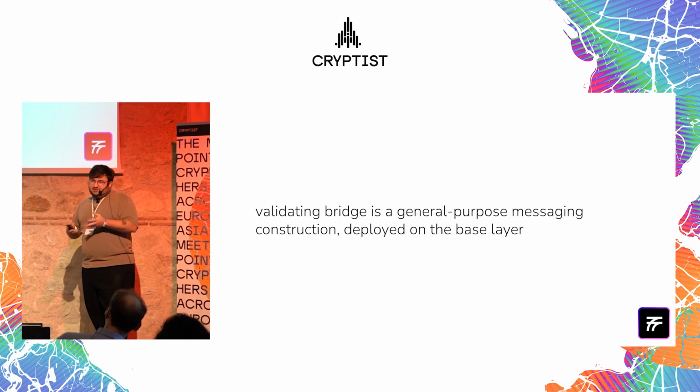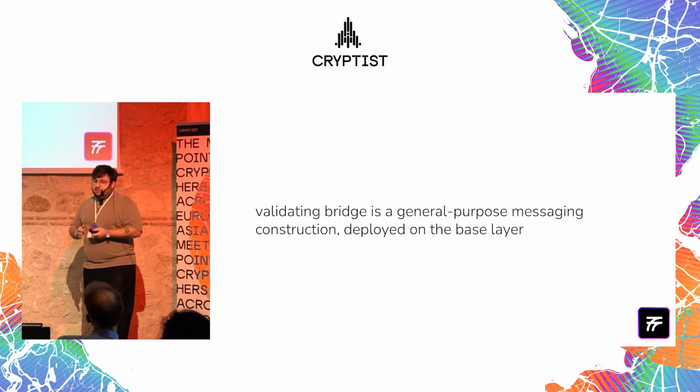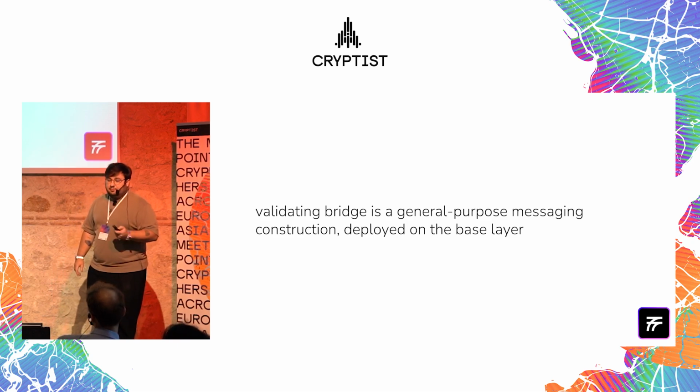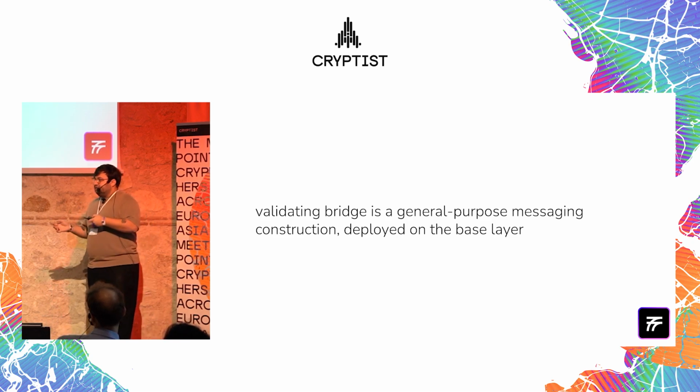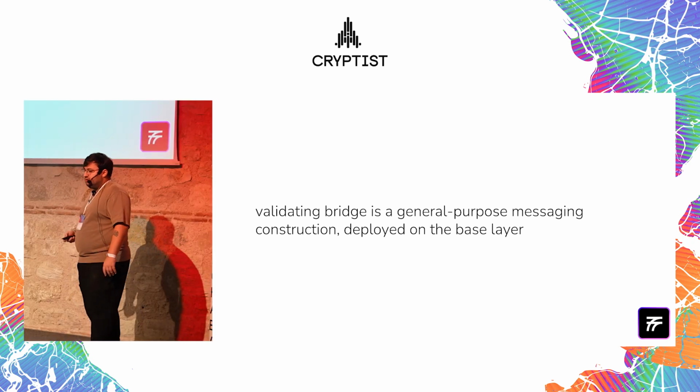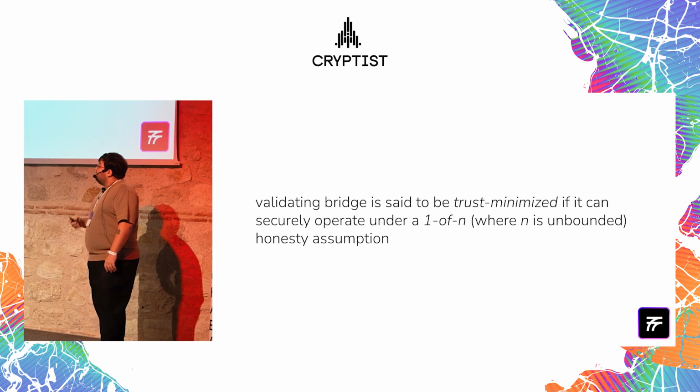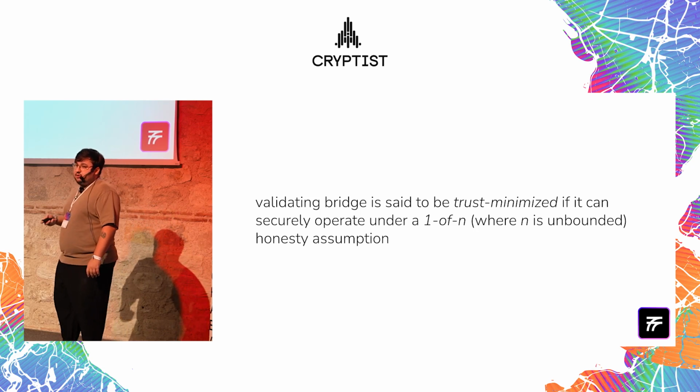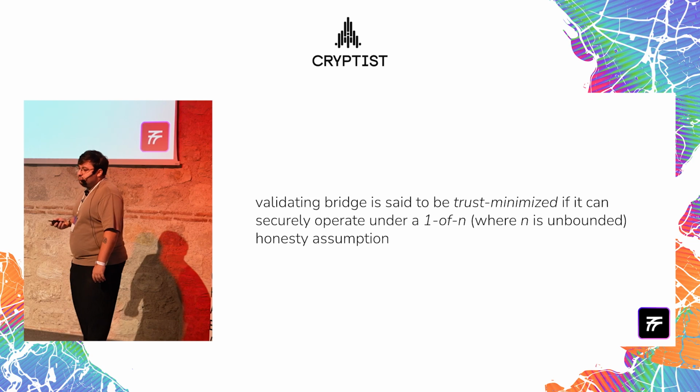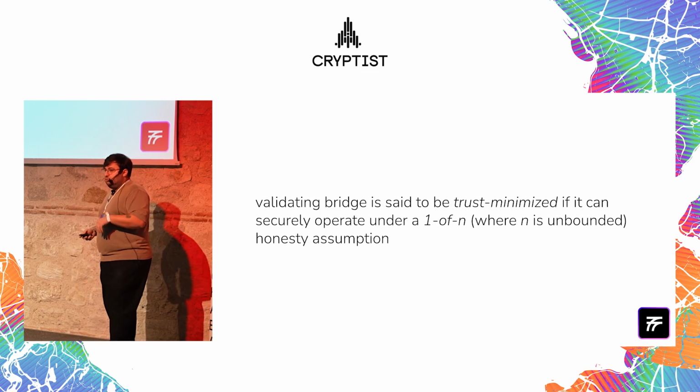And just to explain what a validating bridge is, it's a general purpose messaging construction deployed on the base layer. In case of the majority of the rollups, it's going to be Ethereum, but again, it can be generalized to other chains as well. And the validating bridge is said to be trust minimized if it can securely operate under the 1 of n assumption. So it's 1 of n because you can only enforce validity under 1 of n or lower.